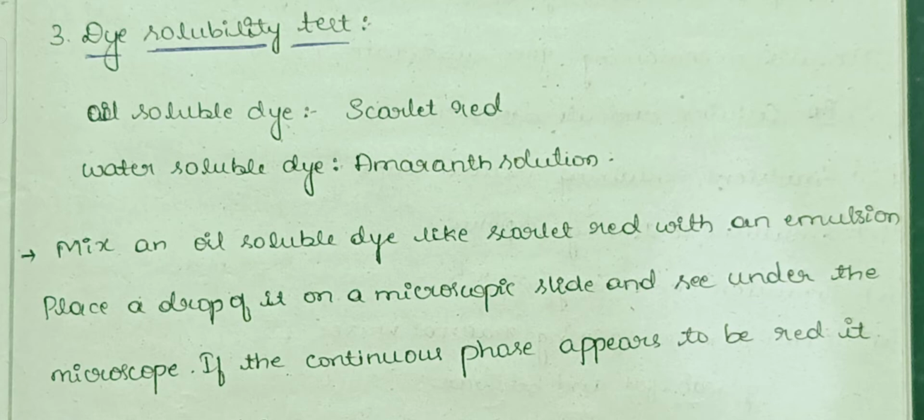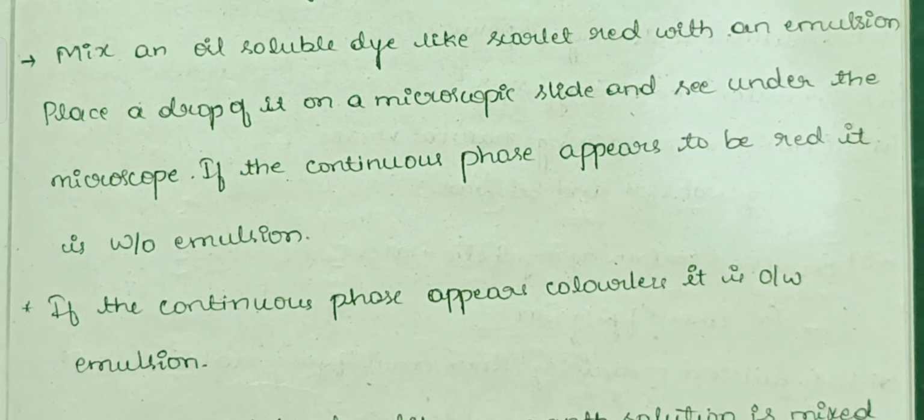The same example is explained over here. Mix the oil soluble dye like scarlet red. Scarlet red is soluble only in oil but not in water. With an emulsion, place a drop of this on the microscopic slide and see under the microscope. When you add the oil soluble dye, it will get solubilized in the oil phase.